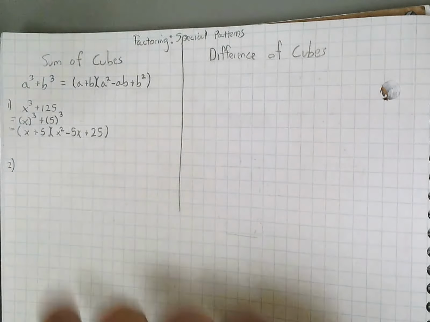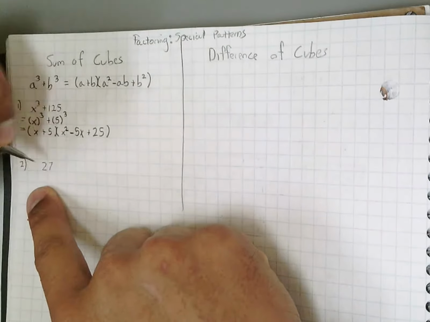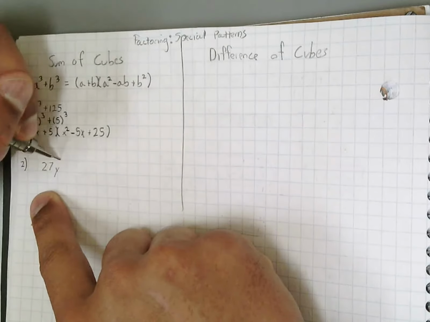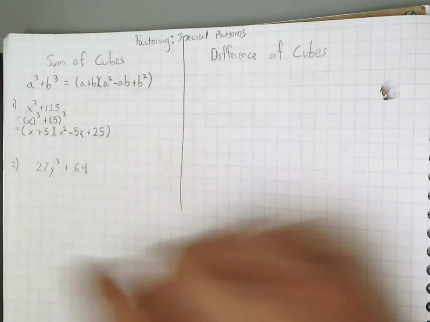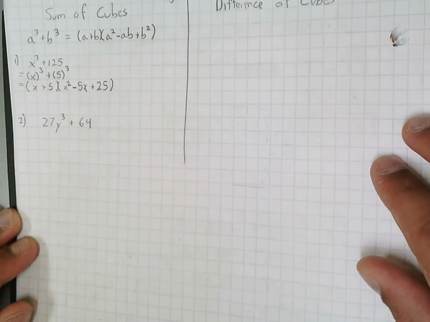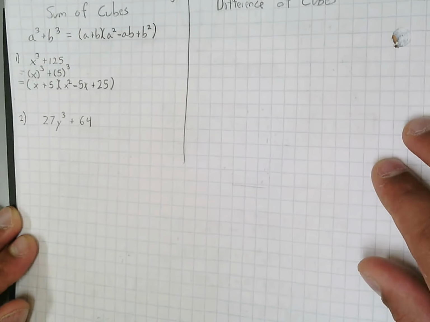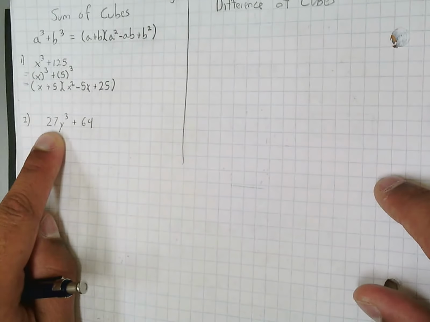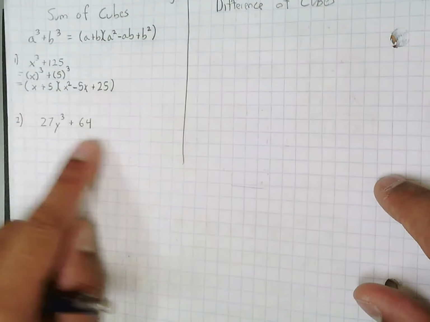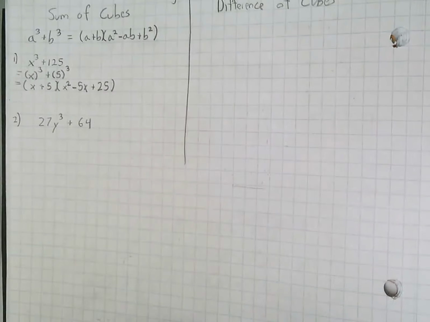Let's do 27y cubed plus 64. Okay, 27y cubed plus 64, this is also a sum of cubes because 27y cubed is a perfect cube and so is 64.